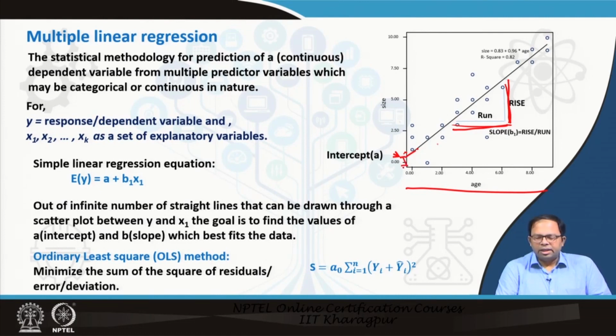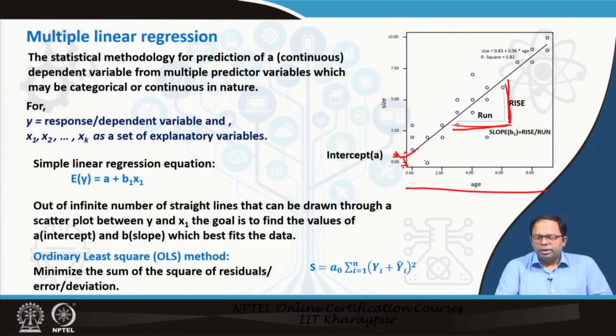So, this is the regression equation, which basically means we are putting a straight line that goes, in the best possible way, through the data points in this scatter plot. We have first done a scatter plot between size and age, and then we try to fit a line which best matches this spread of data points.